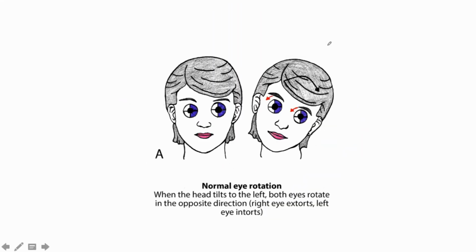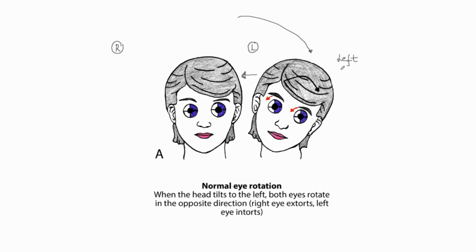Look at this image. This is what happens in a normal eye. It's a normal patient. This is the right side of the patient and this is the left side of the patient. The patient is trying to tilt the head to the left side. Whenever the patient tries to do so, the eyes tilt to the opposite side.